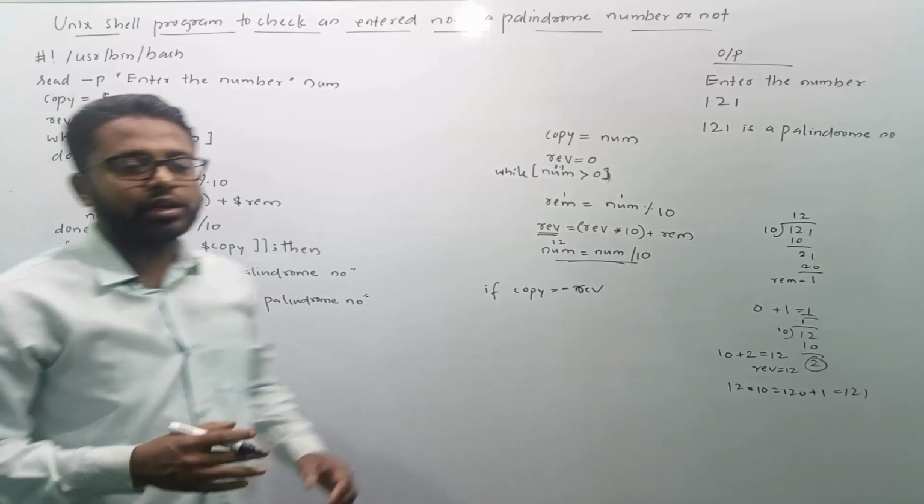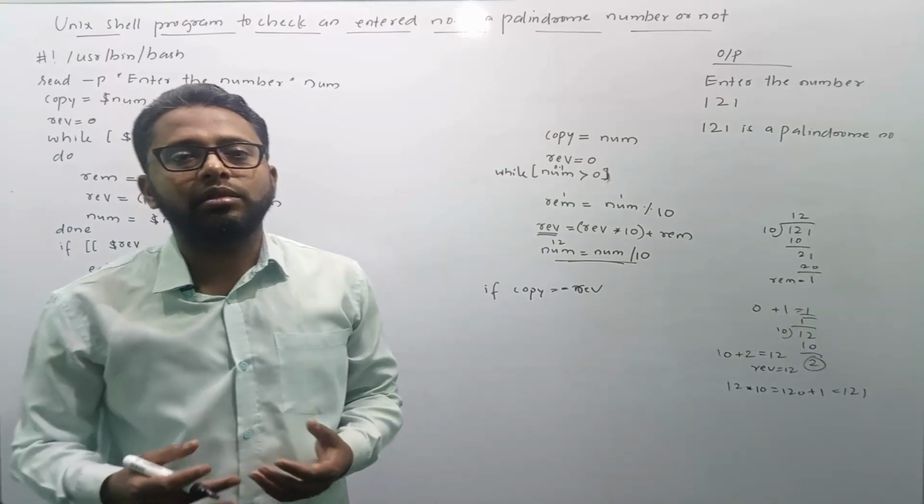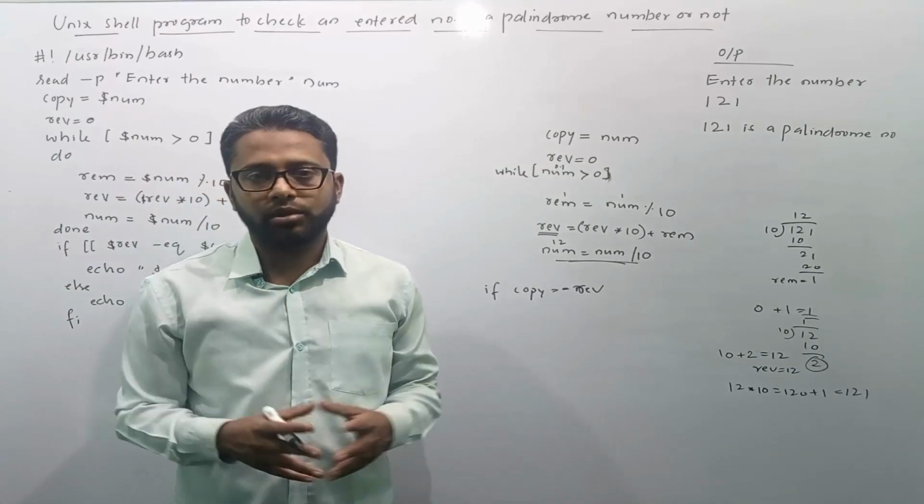Okay, so this is how you can write a Unix shell program to check whether an entered number is a palindrome number or not.